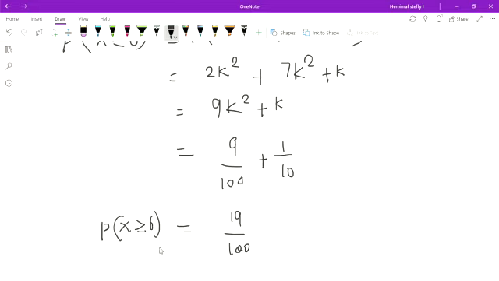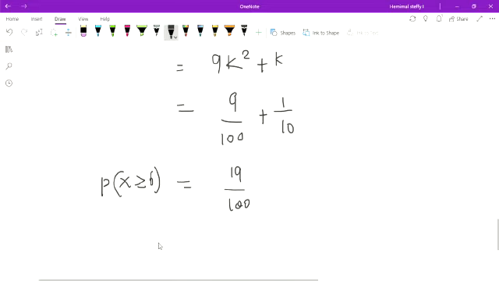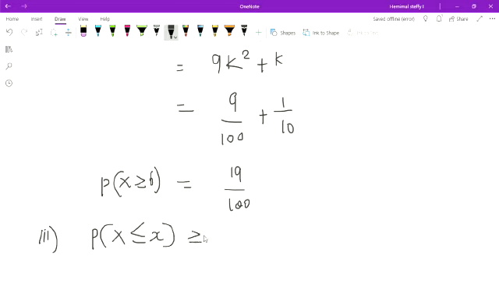Then last and finally, the third division. Given P of X less than or equal to x is greater than or equal to 1 by 2.